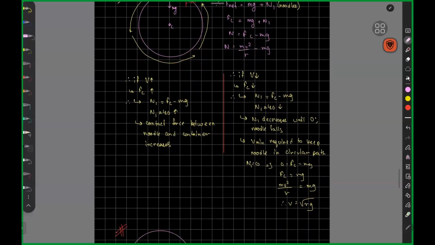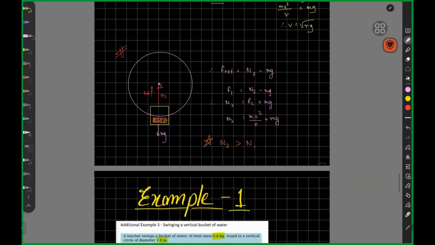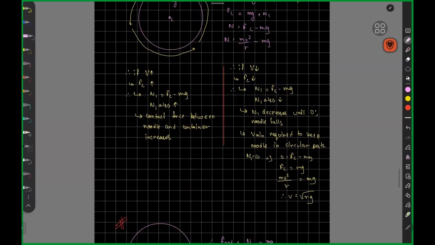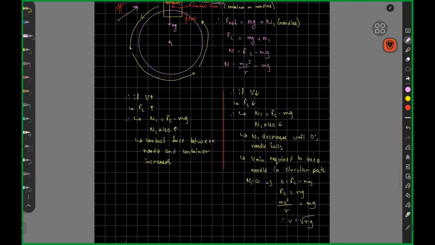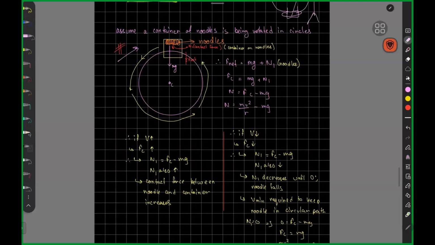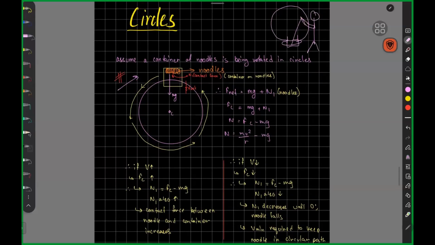Now, what you will realize is ultimately, it comes to the same equation. But more than that, I just want to go through this entire derivation with you guys. Regardless of what we come to, I just want to show you what the thought process is of deriving it.